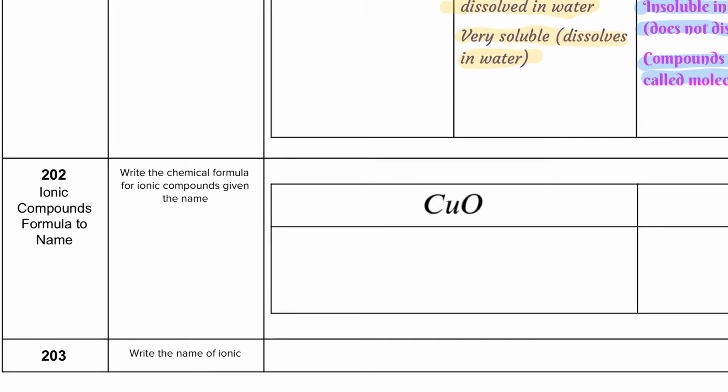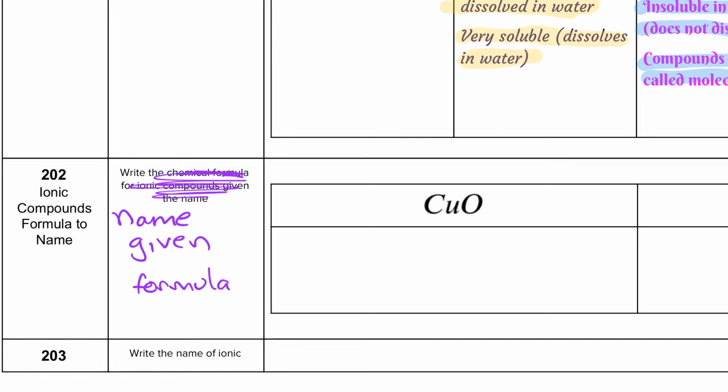Lesson 202 was Ionic Compounds, formula to name. So here we're going to write the name given the formula in this part.